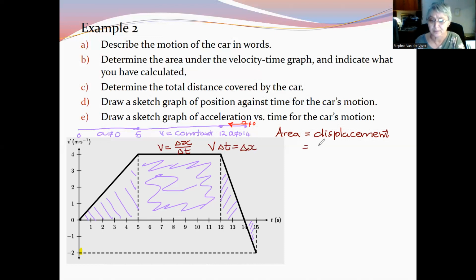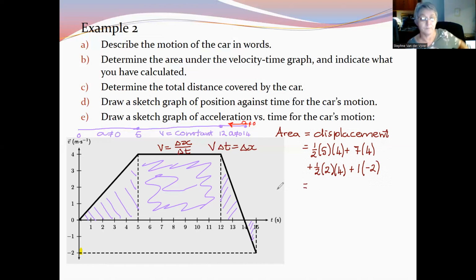Now, we could break it up into small parts. The first is a triangle, so it's half times 5 times 4, plus a rectangle, which is from 5 to 12, is 7 times 4, plus another triangle that would be a half times from 12 to 14 is 2 times 4, which is the perpendicular height, plus another second, 1 second times minus 2 is the perpendicular height.